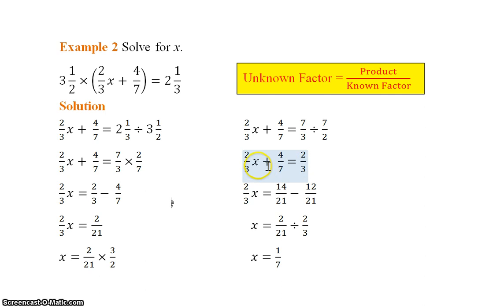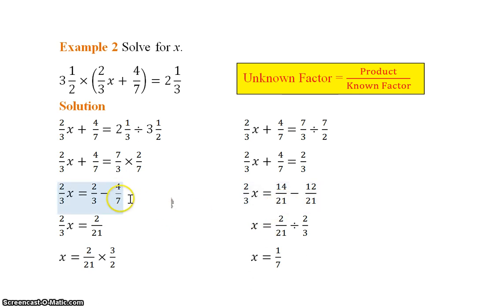Now we isolate the variable. We move 4/7 to the right side of the equation with minus. In order to subtract two fractions, 2/3 and 4/7, we get both fractions to the common denominator, which is 3 times 7, 21. The numerator and the denominator of the first fraction we multiply by 7. 2 times 7 is 14. 3 times 7 is 21.